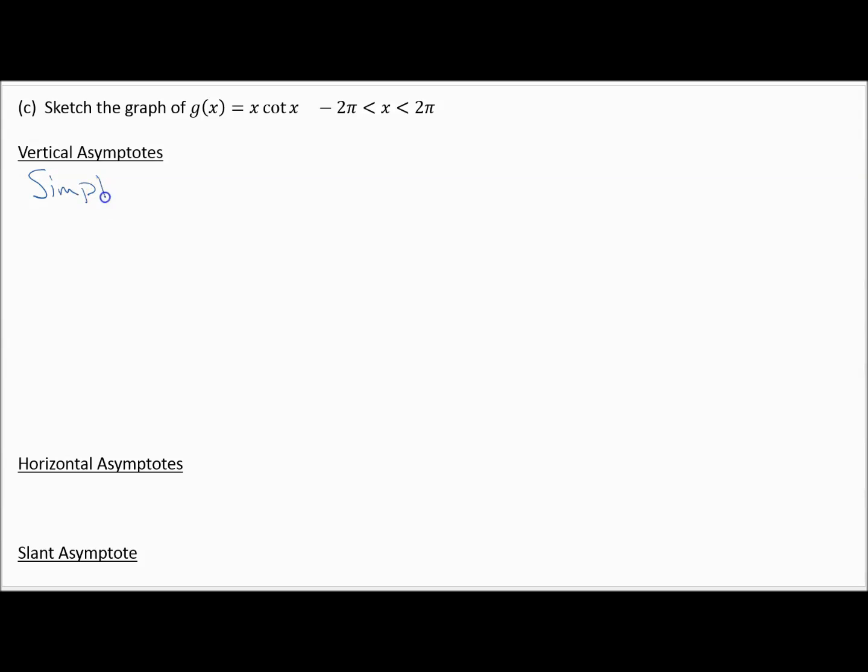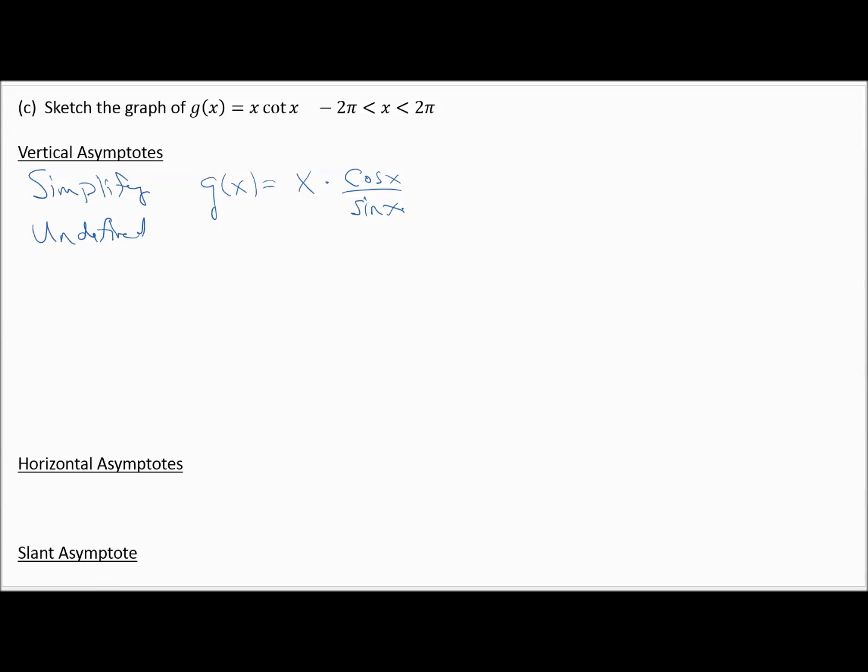So always remember to simplify the function first, if needed, and then determine where the function is undefined. Now, y'all, this function doesn't really simplify. So I'm just considering g of x is equal to x times the cosine of x over the sine of x. Notice how I keep changing it back to sine and cosine format because that's the true way to tell where the function is undefined.